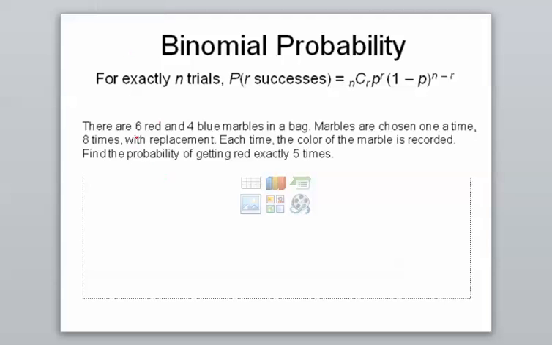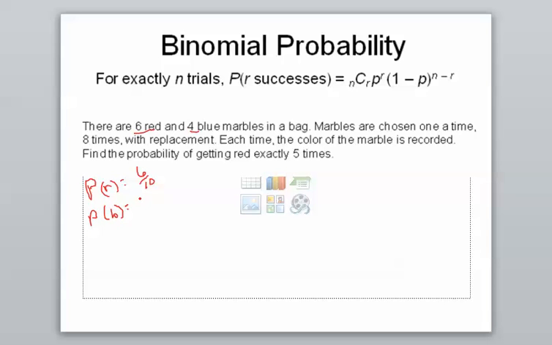Okay? So we have 6 red marbles, 4 blue marbles in the bag. So how many marbles do we got total? 10. Okay? So what is the probability of getting a red marble? Well, the probability of getting a red marble is 6 out of 10. What's the probability of getting a blue marble?